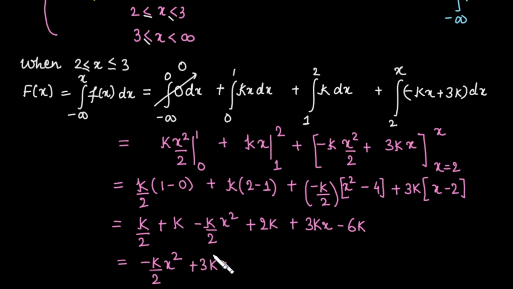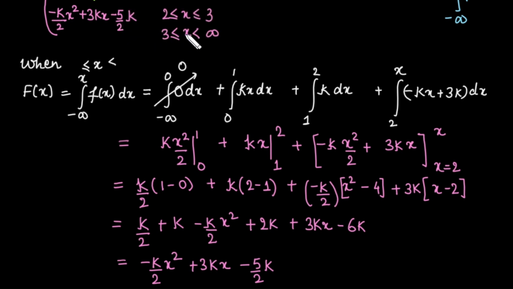Now what is the constant term? It is k by 2 plus k, that is 3k by 2 plus 2k minus 6k, that is equal to minus 5 by 2 k. So in this case, the CDF is equal to minus k by 2 x square plus 3kx minus 5 by 2 into k.